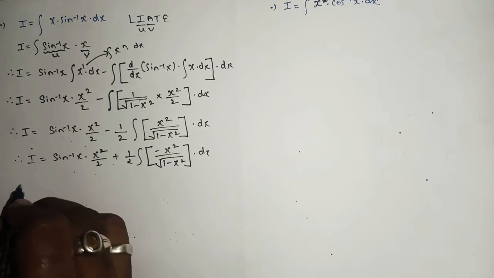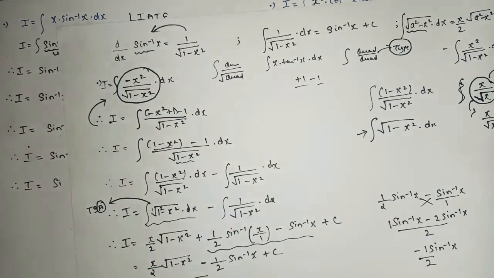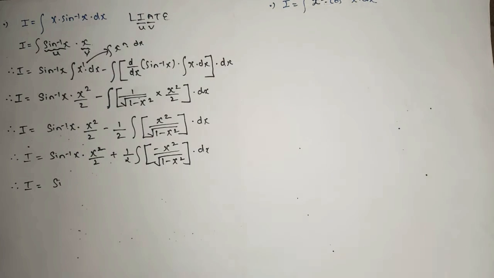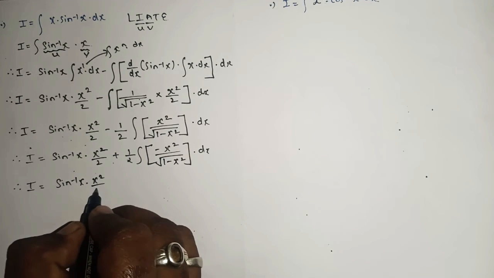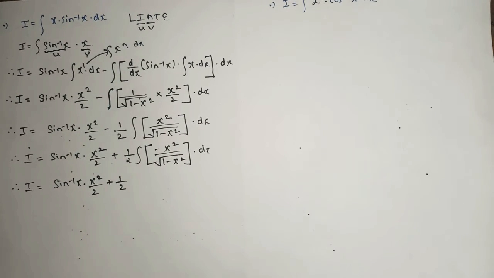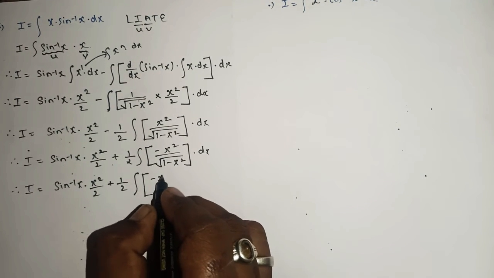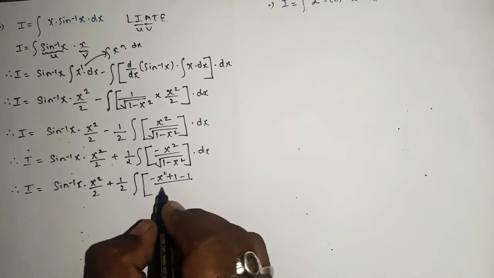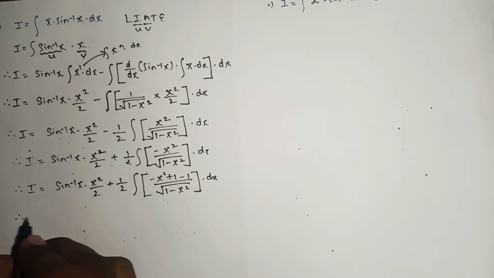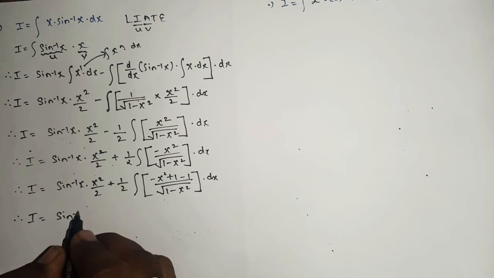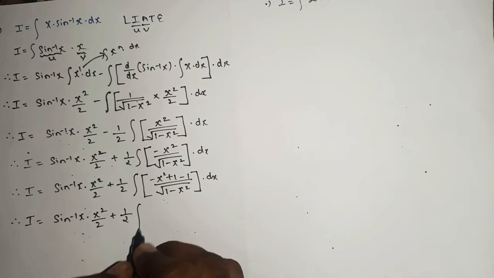Got the point? So now the next procedure will be the same as I had explained here. The same step you have to follow here also. So your sine inverse x into x square upon 2 plus 1 upon 2 integration. So here we'll do the adjustment: plus 1 minus 1 upon root 1 minus x square into dx, yes or no? Therefore I equals sine inverse x into x square upon 2 plus 1 upon 2.